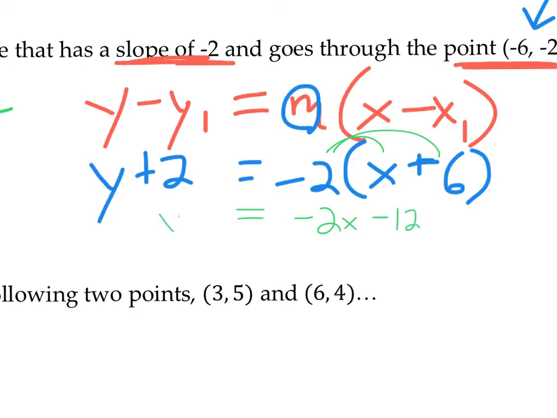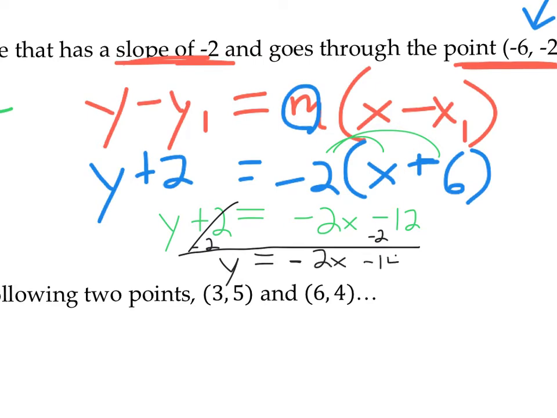We have y plus 2 almost in slope-intercept form. You just got to get the y all the way by itself. In order for that to happen, I would have to subtract 2 on both sides. Y by itself, -2x minus 14. Oh yeah.